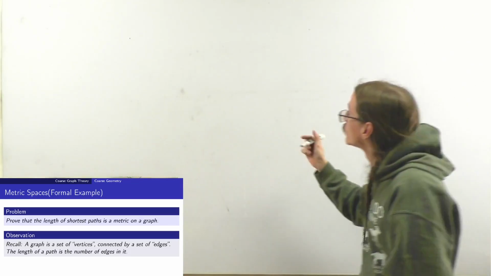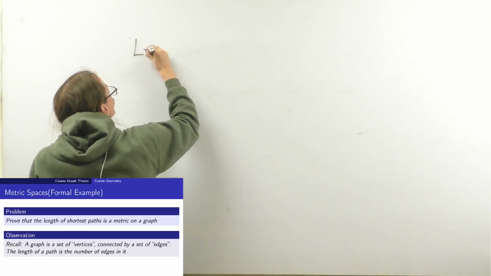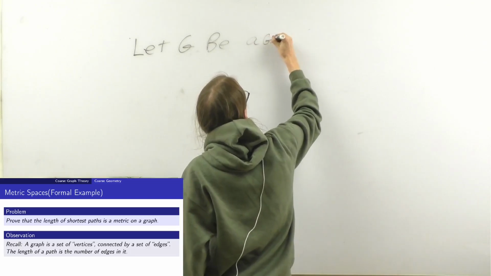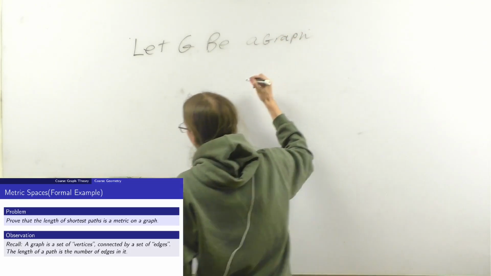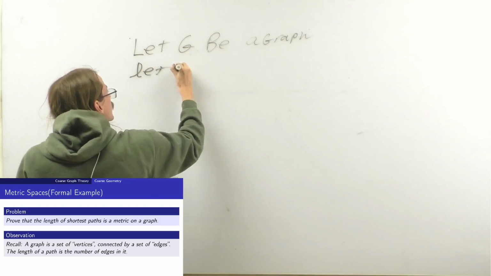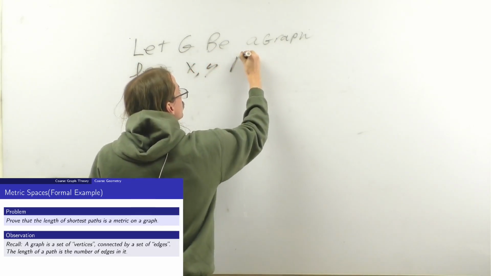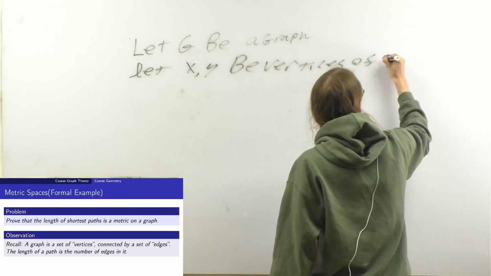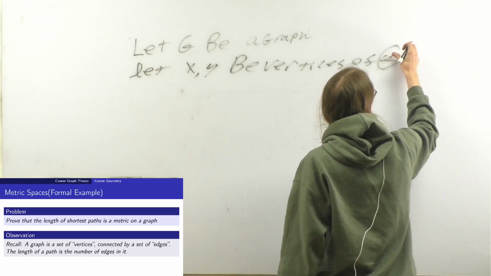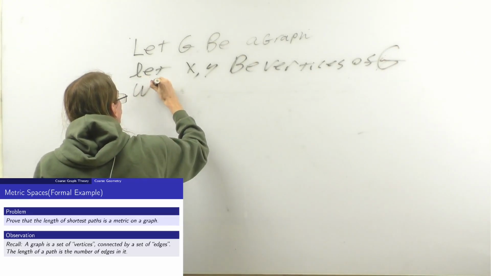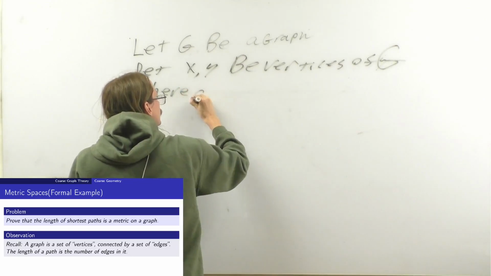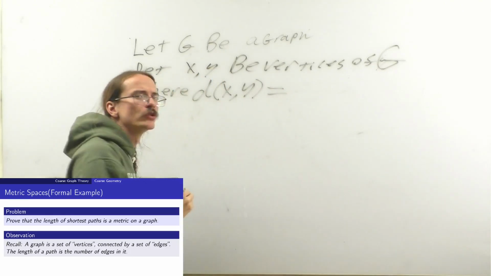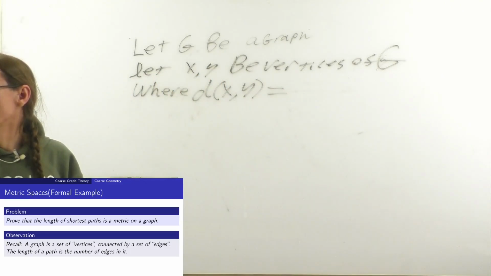Let's say we have a graph G, and let X and Y be vertices of G, where the distance from X to Y is equal to, what's your favorite capital letter?